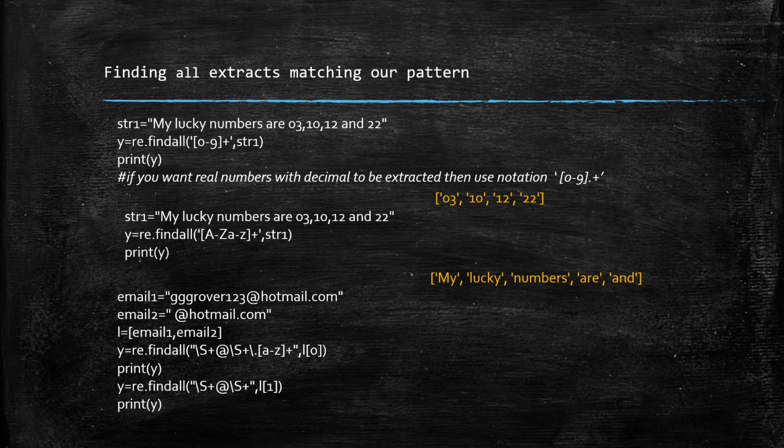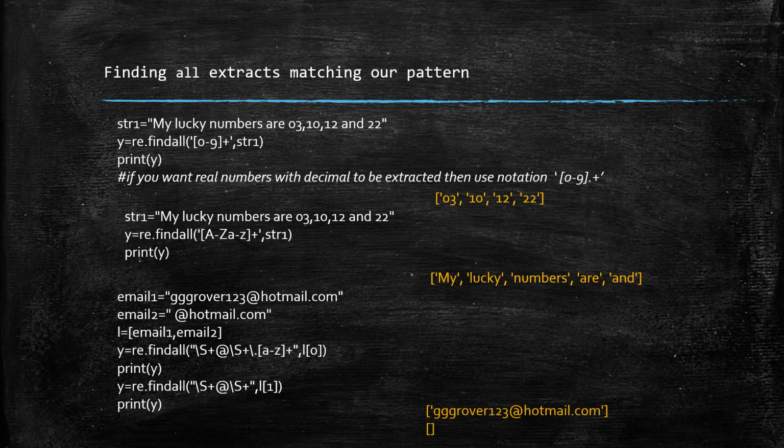So my search is only this, that before @ there should be some characters and after @ there should be some characters. But as you can see in email 2, there are no characters before @, right? So let's see what is the result of print y.